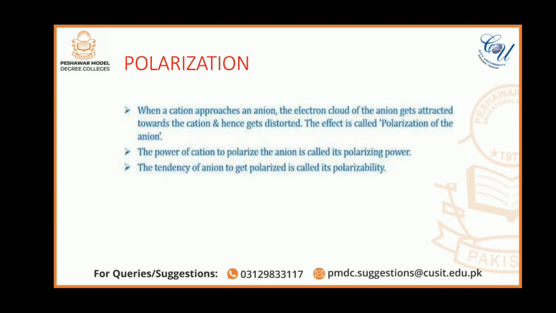The effect is called polarization of the anion. The power of cation to polarize the anion is called its polarizing power. The tendency of anion to get polarized is called its polarizability.